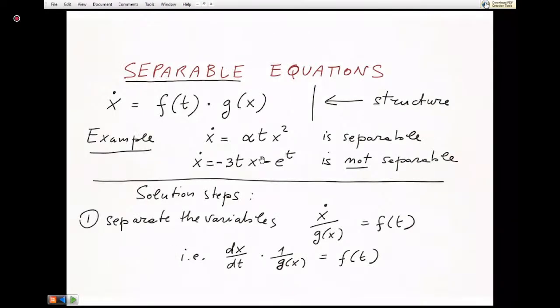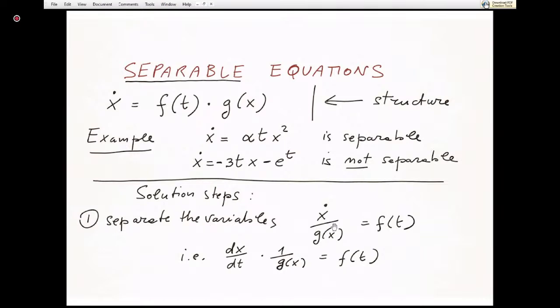These are two additional examples. This is separable, this is non-separable. The solution steps are very easy, okay? So, if it is separable, you can easily separate the variables, which is also a common expression to say that we can solve two different problems separately, okay?